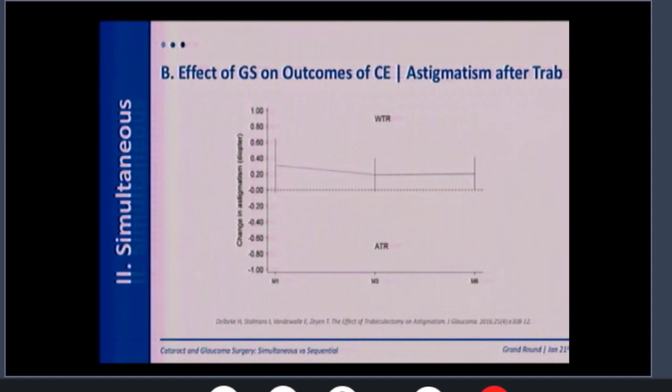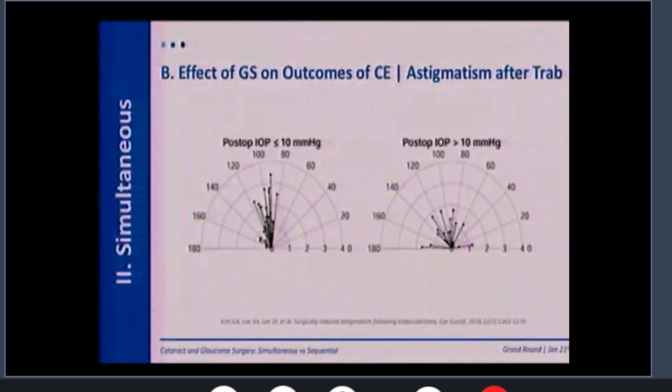But it depends on a lot of factors: the location of the bleb, the patient's original refraction, and whether or not he had astigmatism in the same meridian or in the other meridian. Another important factor is the IOP after surgery, whether or not it reached low levels. So this study looked at the surgically induced astigmatism after trabeculectomy, and they stratified the patients according to IOP.